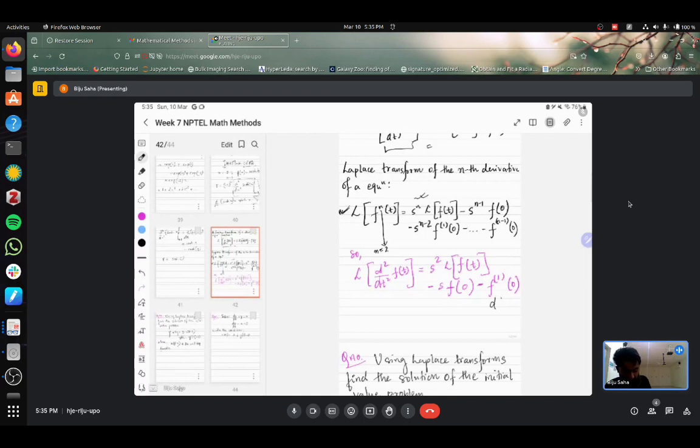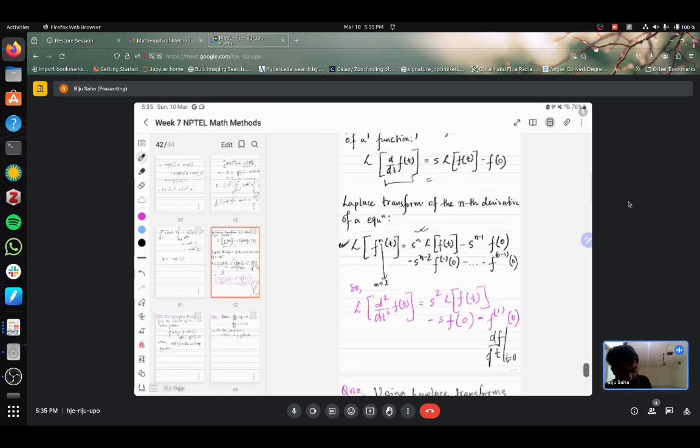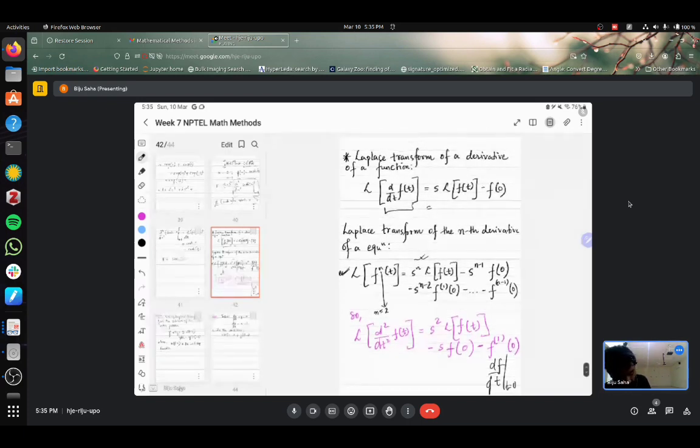So this is df/dt at t equal to 0, and that's all. No other terms exist for the second order derivative. For the third order derivative, the next term will continue to remain, but let us focus our attention on these two results.